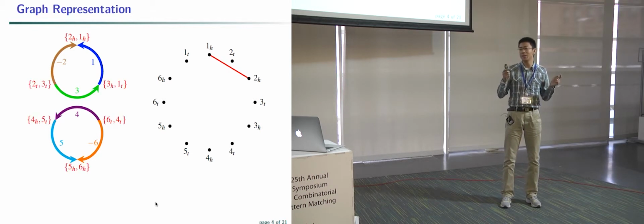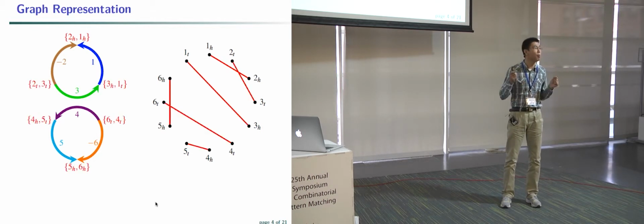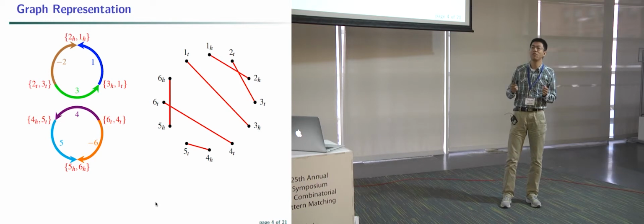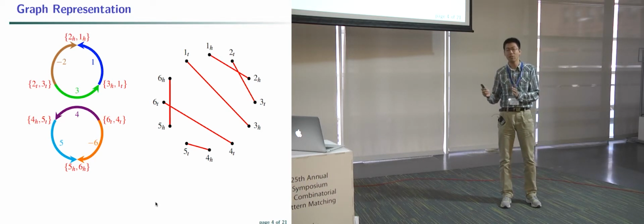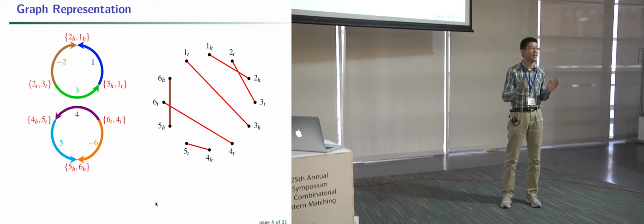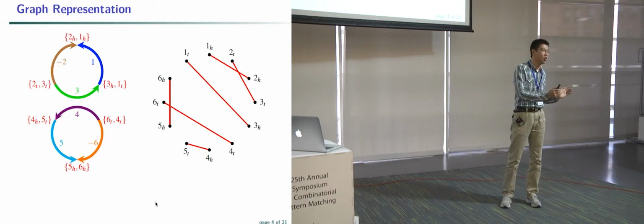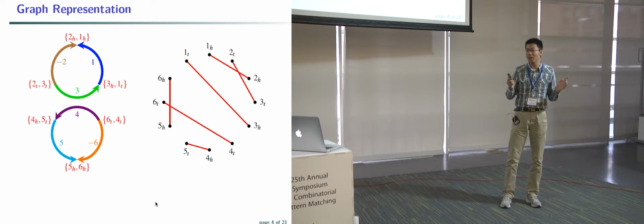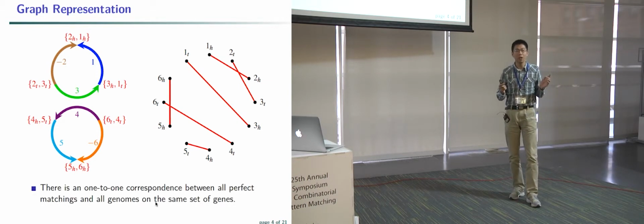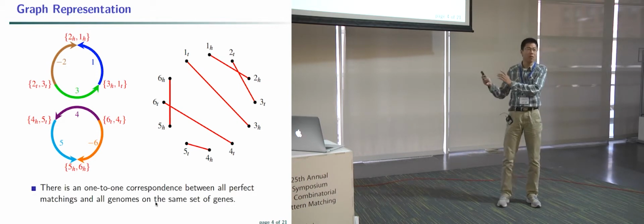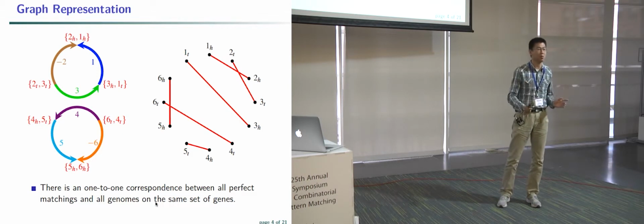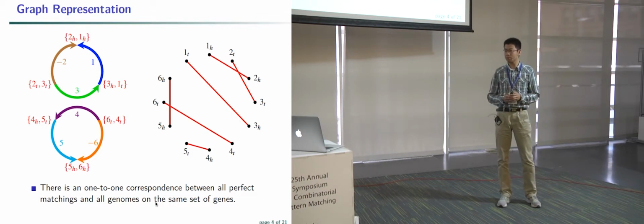You can see the 6 edges form a perfect matching of the graph. On the other hand, if we have a perfect matching, then we know all the adjacencies, and we can recover the genome accordingly. So there is a one-to-one correspondence between the perfect matchings of the graph and all the different genomes on the same set of genes.